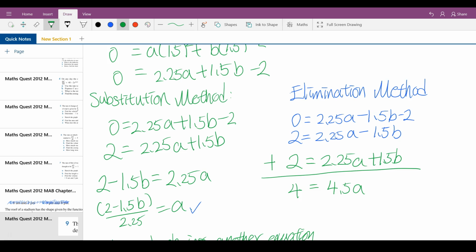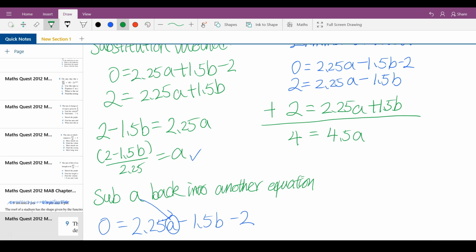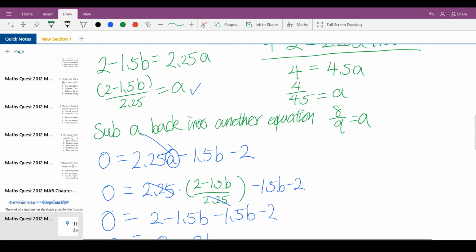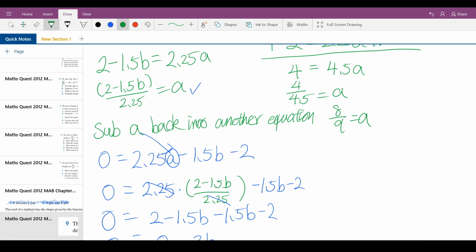And that is just 4 equals 4.5a. And 4 divided by 4.5 will give you a. And if you times bottom by 2, you get 8 over 9 equal to a, which is the same as before, right? And then all we have to do is just sub a into one of the equations to find b.